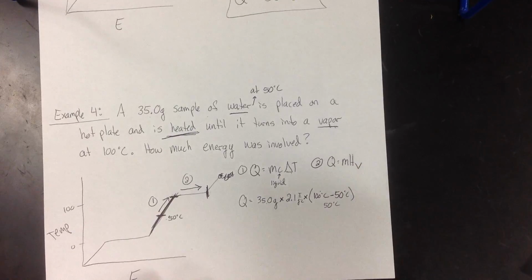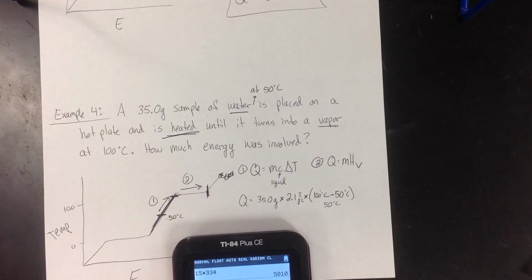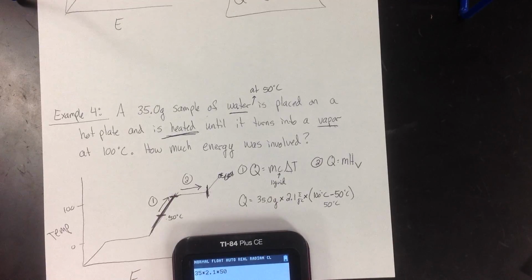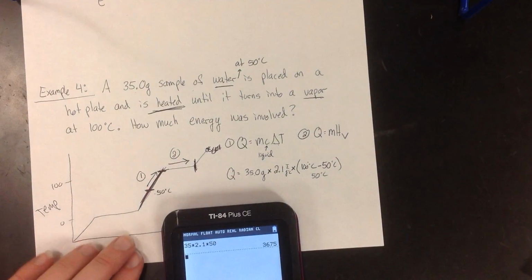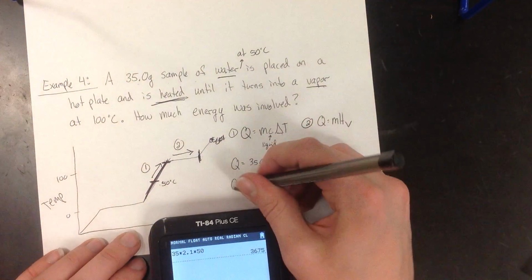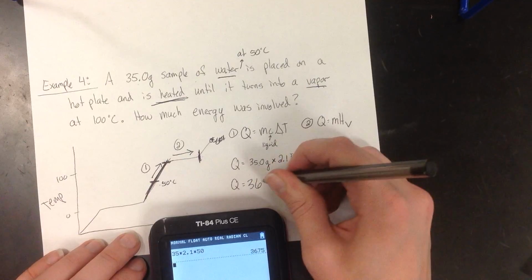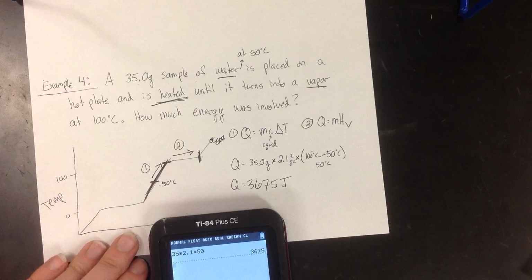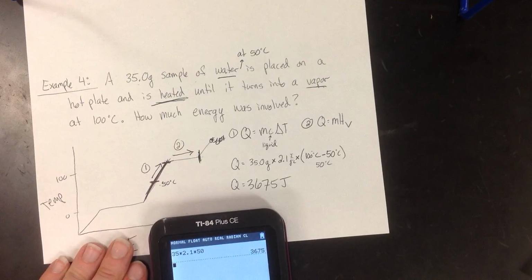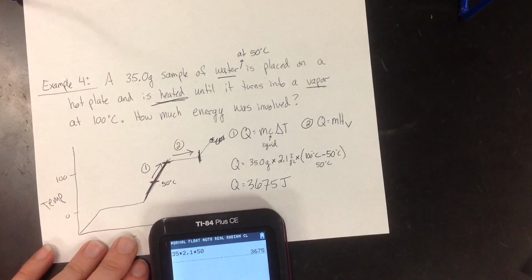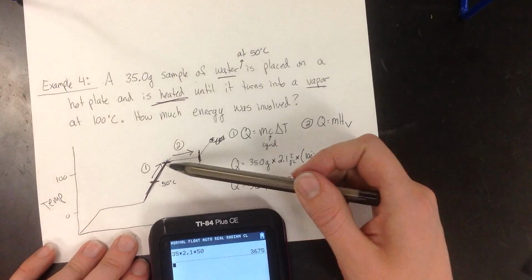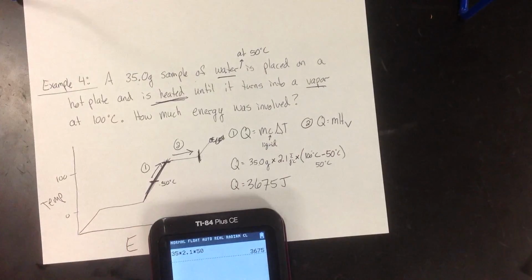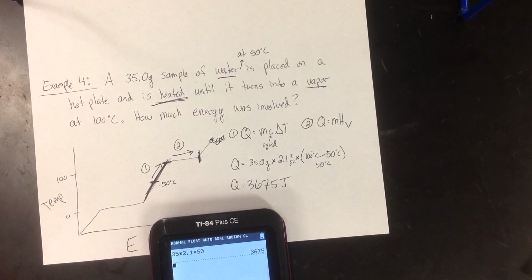When I plug this equation into my calculator, I get 35 times 2.1 times 50 equals 3,675 joules of energy. That's only the amount of heat it takes to heat my liquid water from 50 to 100. I haven't taken into account the amount of energy it takes to pull my particles further apart.